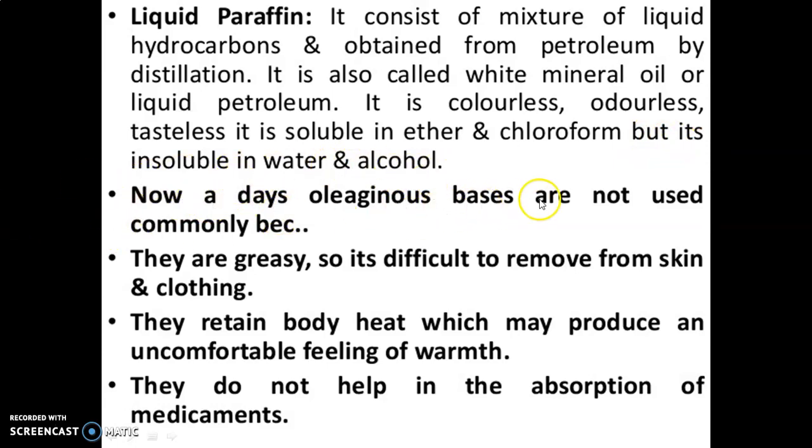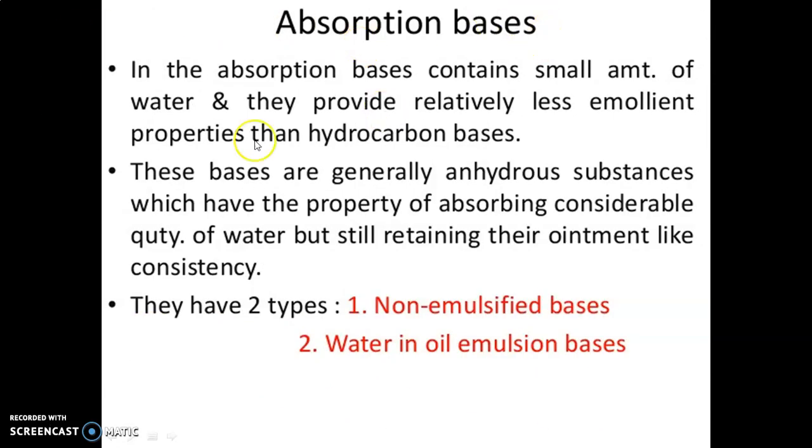Nowadays, oleaginous bases are not used commonly because they are greasy, so it is difficult to remove them from the skin and clothing. They retain body heat, which may produce an uncomfortable feeling of warmth. They do not help in the absorption of medicaments. Then absorption bases.